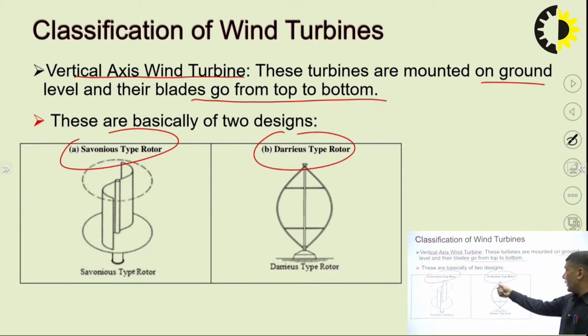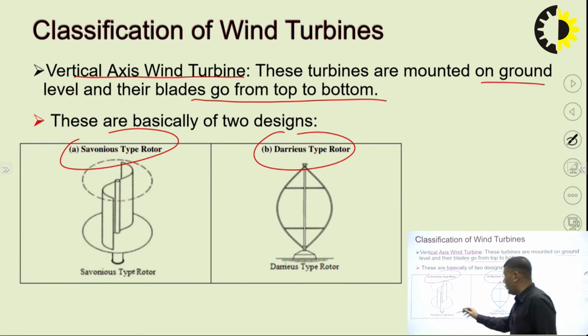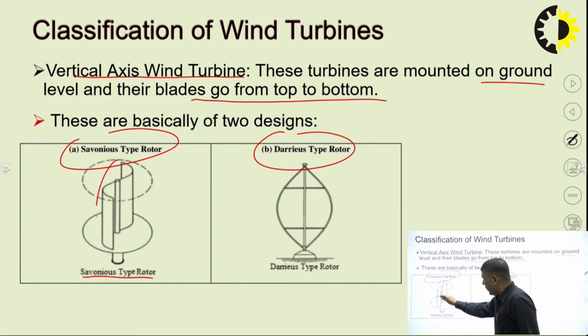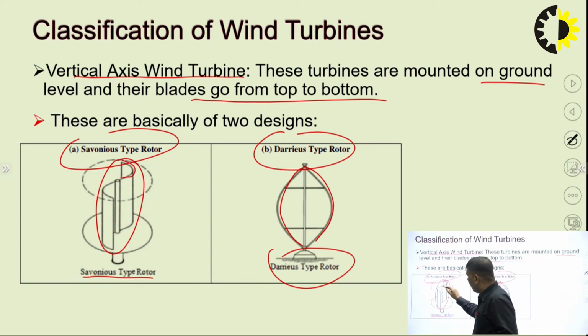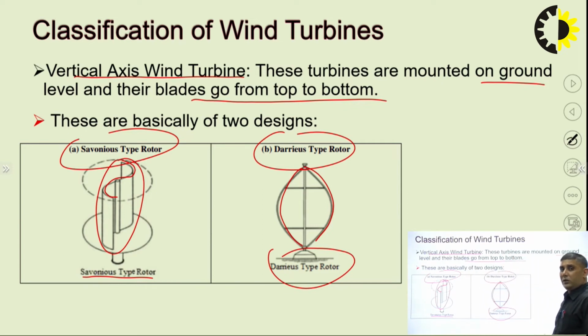You can see the construction-wise difference. In the Savonius type rotor, we have two blades placed vertically, and in the Darrieus type rotor, again we have two blades, but they are tilted outward to form a closed loop, and the Savonius is basically an inverted S type structure.